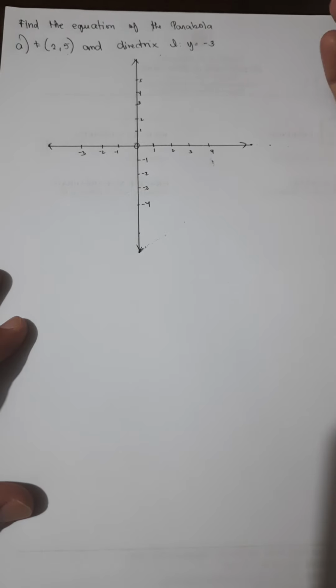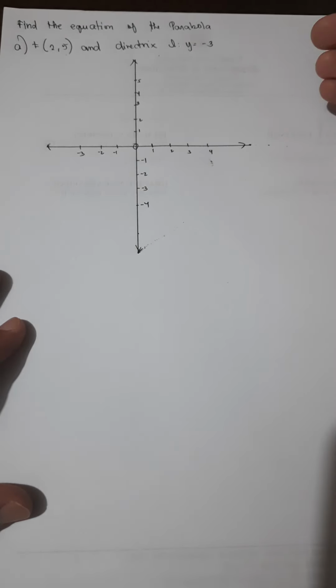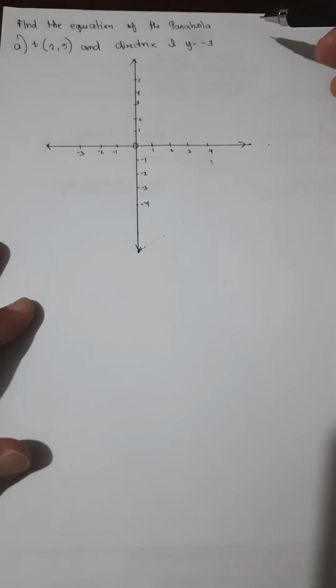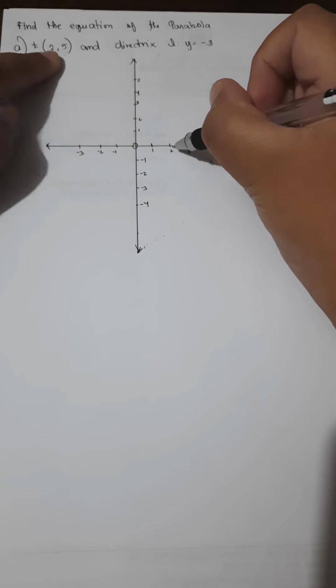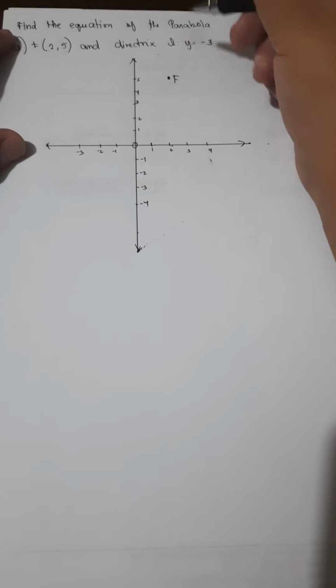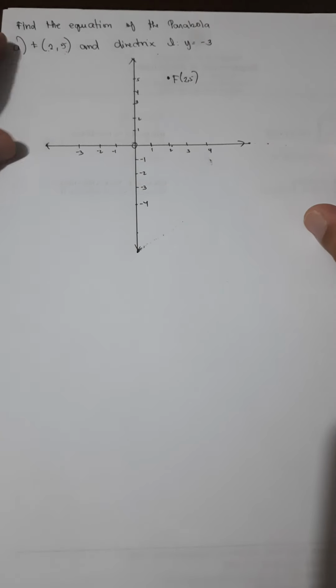So first thing that you need to do is you have to plot the points as well as the line. So we have here (2, 5). So 2 sa x at 5 is nasa y. So y is equal to 5. So dito ang ating focus. So, i-label mo yan as (2, 5) para hindi ka mawala.